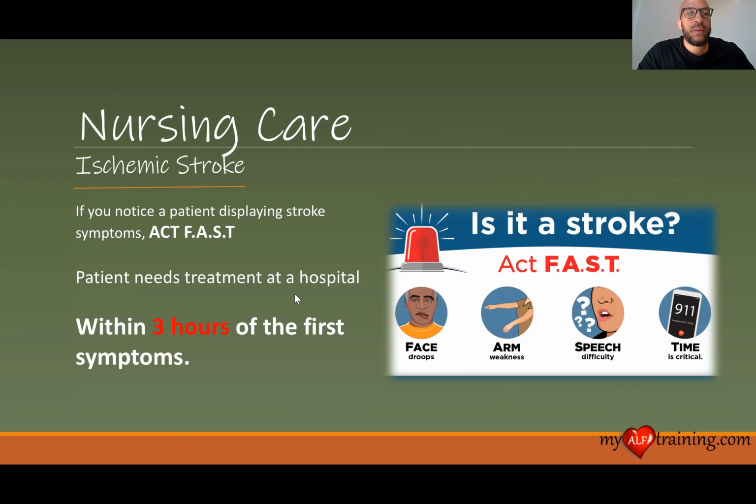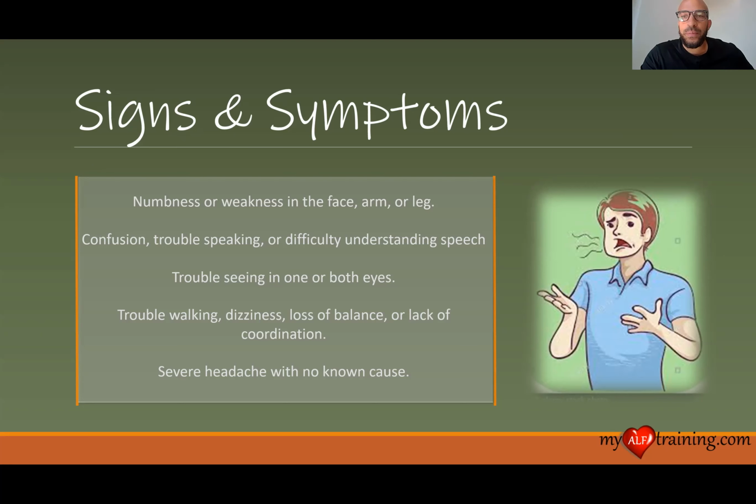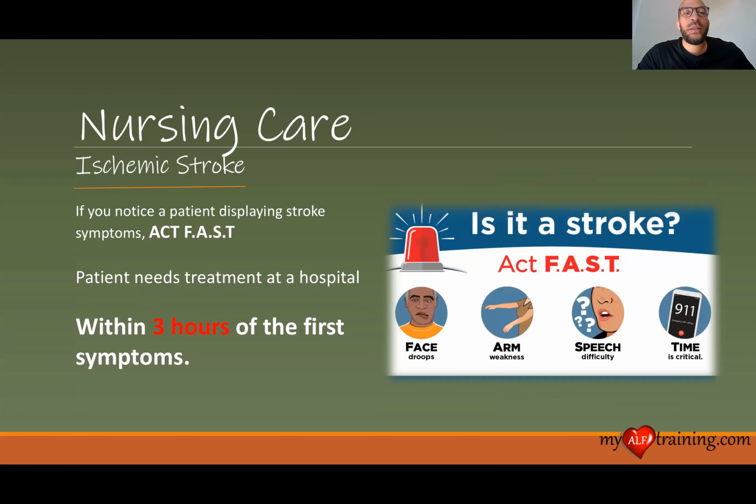Now, nursing care. What do you do if you notice somebody is having a stroke? Well, for an ischemic stroke, a hemorrhagic stroke, or a TIA, your actions are generally going to be the same. If you notice a patient is having stroke symptoms, like we talked about here, then you want to follow the acronym ACT FAST.